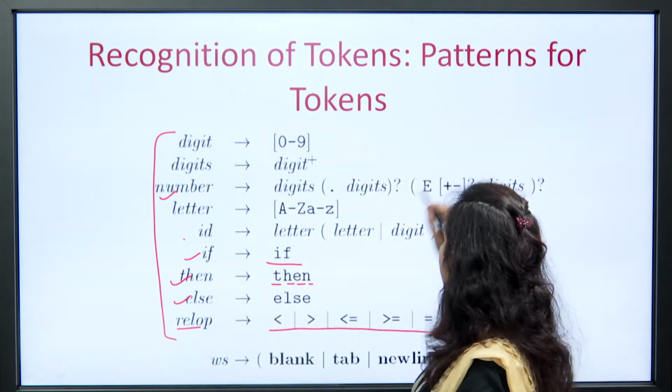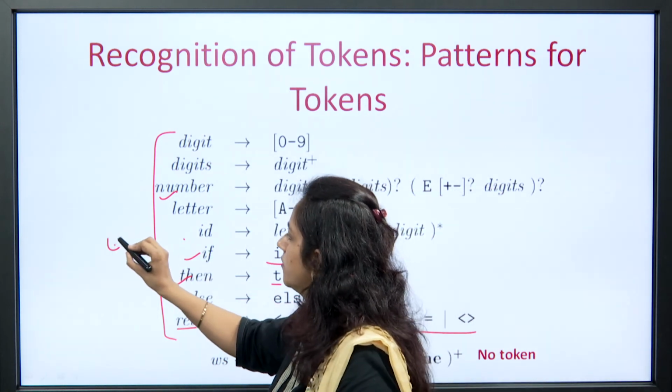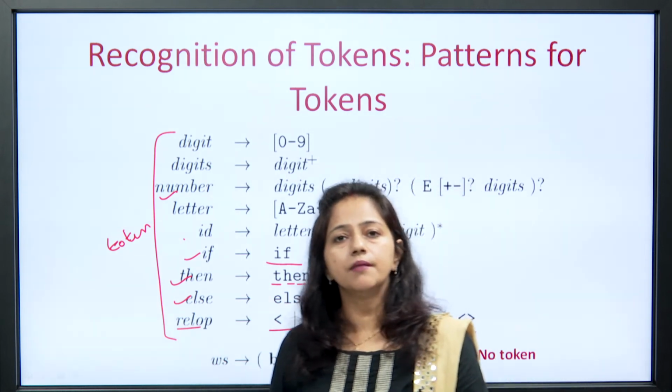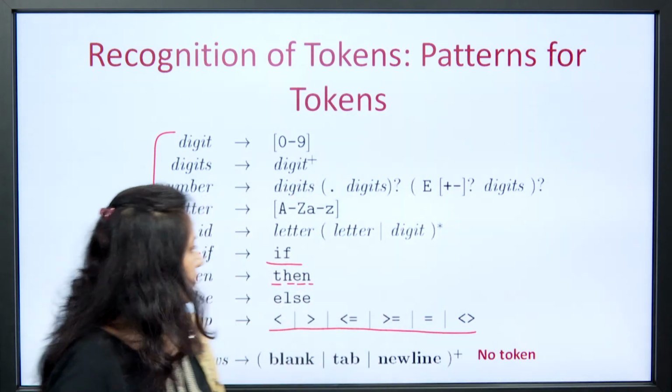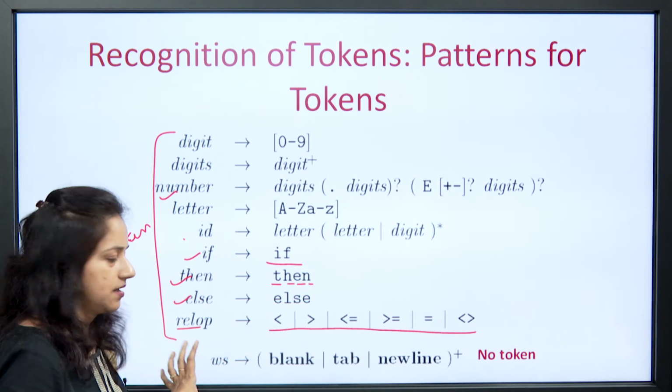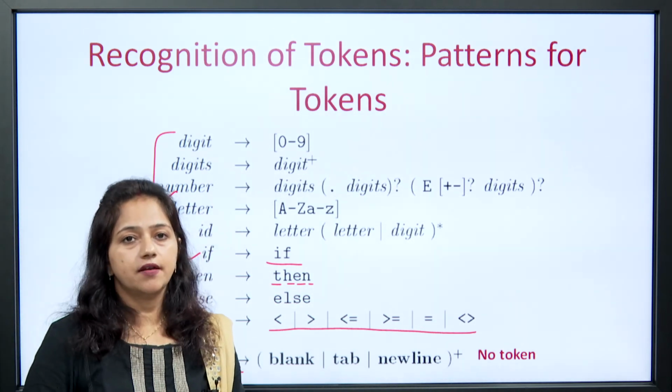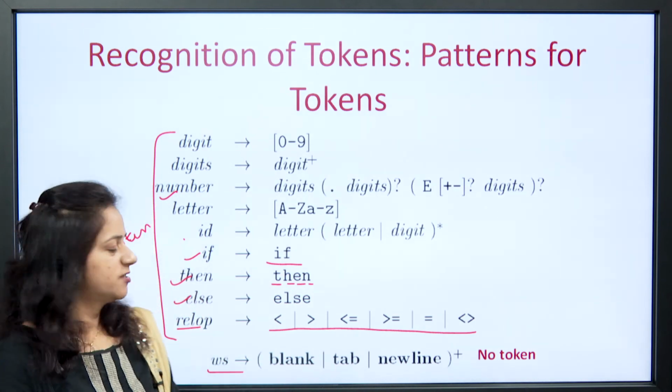Now, the lexical analyzer will produce a token for all these, or there can be more categories, but it will create a token for every category. But see here, we can also write the regular definition for white space.